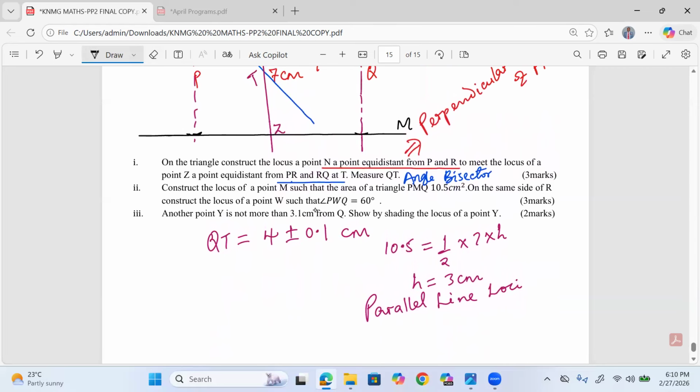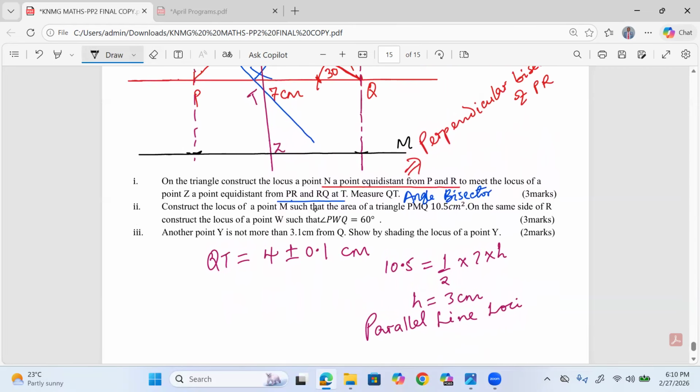Now we are checking, and this question is really very comprehensive, almost involving all the types of loci. We started with the perpendicular bisector locus, angle bisector locus. We are now on the parallel line construction locus. And what are we seeing here? This is the constant angle loci.